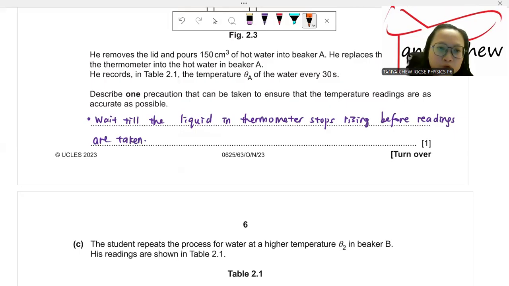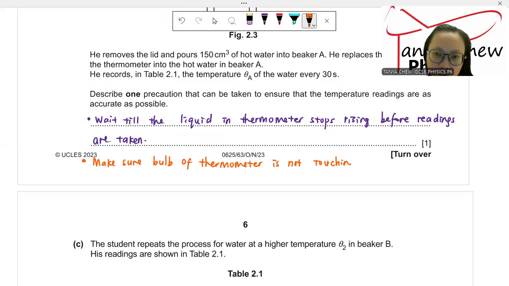So another precaution is that, okay, you might want to say, make sure bulb of thermometer is not touching the bottom of beaker. This is very important as well.